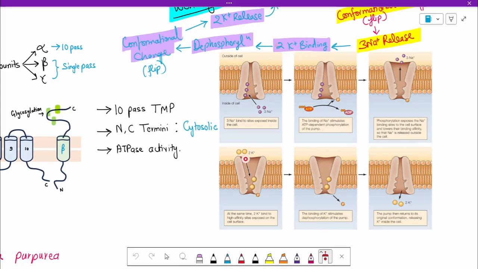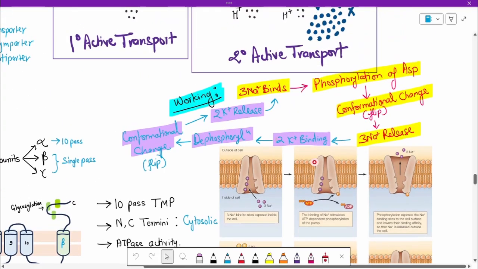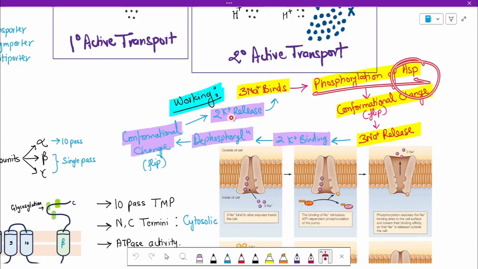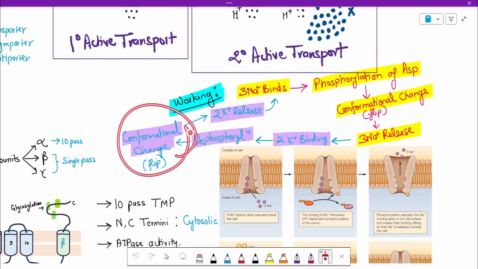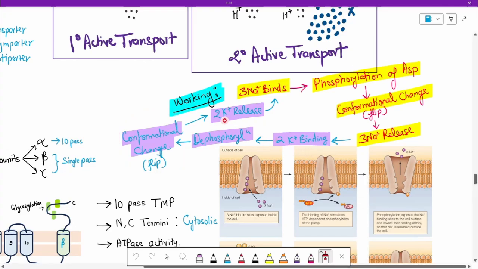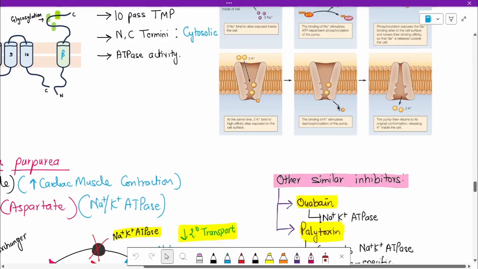Here you can see 2 potassium ions have been bound. After binding of 2 potassium ions, this aspartate will dephosphorylate, and by this dephosphorylation a conformational change will occur. The protein will flip again, and there will be release of these 2 potassium ions, as you can see right here, dephosphorylation and release of 2 potassium ions.